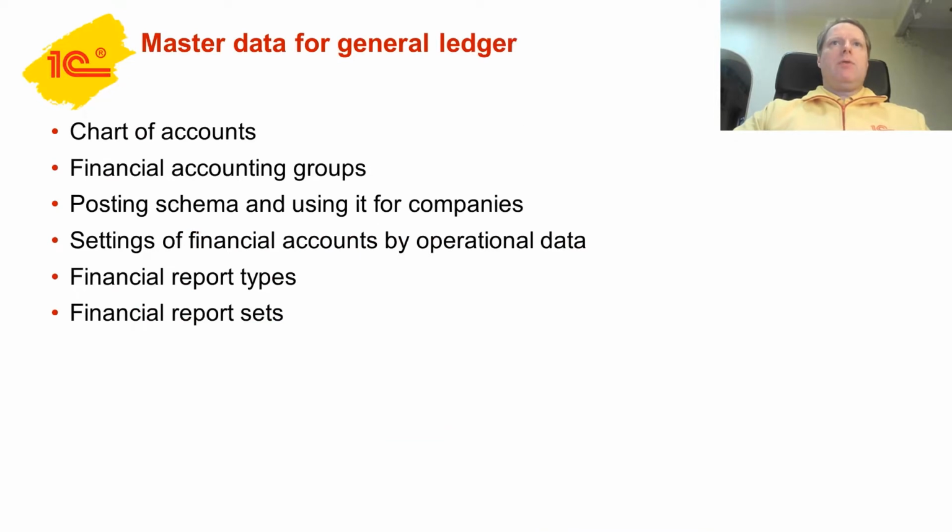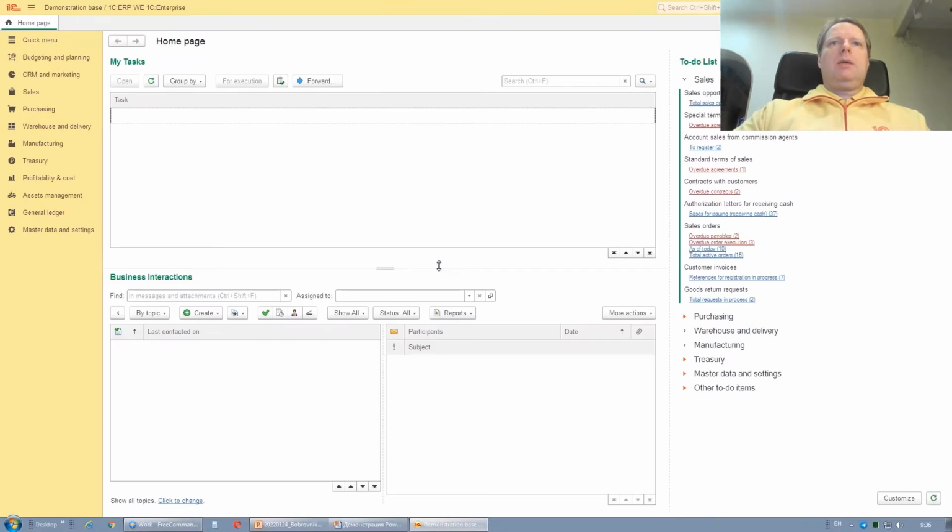Master data for the general ledger consists of chart of accounts, financial accounting groups, posting scheme, and using it in companies. Settings of financial accounts by operational data, financial report types, and financial report sets. Now let me show you all of this master data in the system.